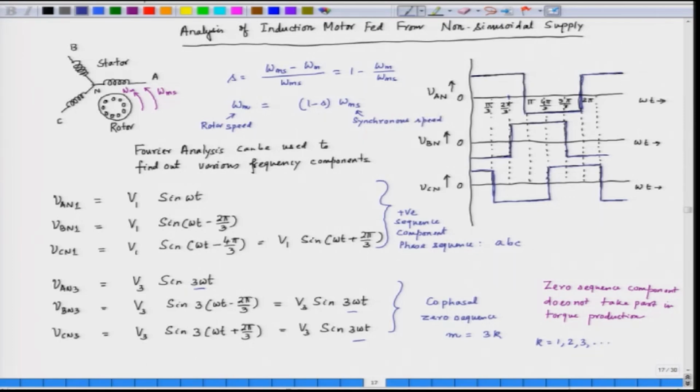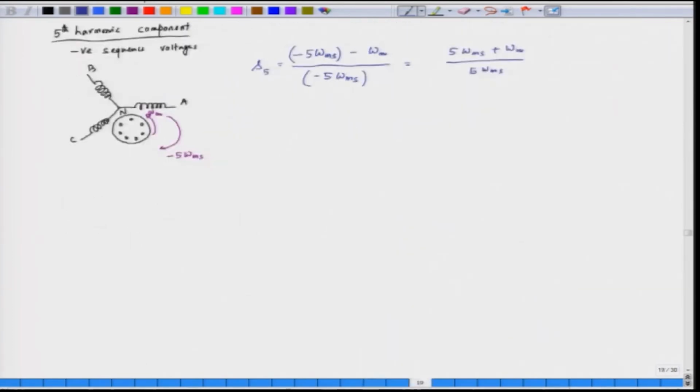Now, we substitute the value of omega m into this equation, which is equal to (5 omega ms plus (1 minus s) into omega ms) divided by 5 omega ms. We have some cancellation here, omega ms gets cancelled. So, what we get is (6 minus s) divided by 5. This is the slip for the fifth harmonic.